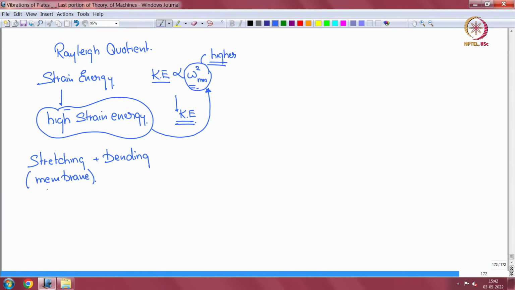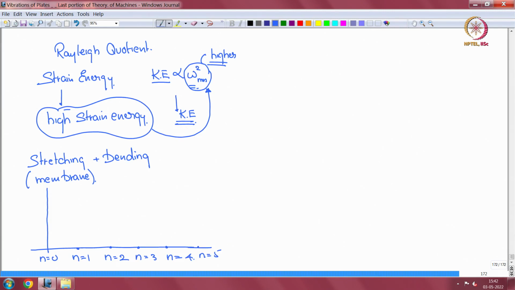So if I now plot or locate n equal to 1, n equal to 2, n equal to 3, n equal to 4, and n equal to 5, etc.